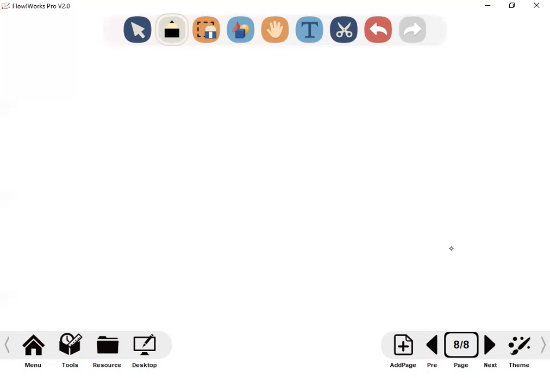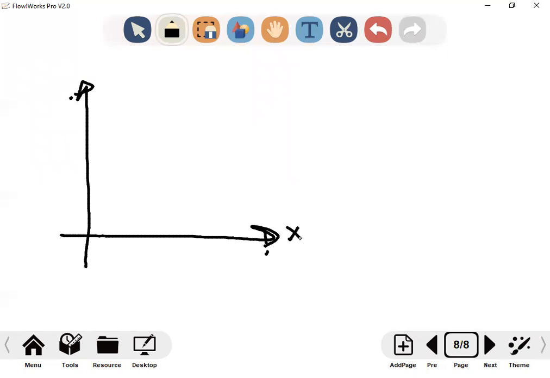Before our example also, if I have this graph, the x-axis represents the number of hours and the y-axis represents the amount of money, for example.